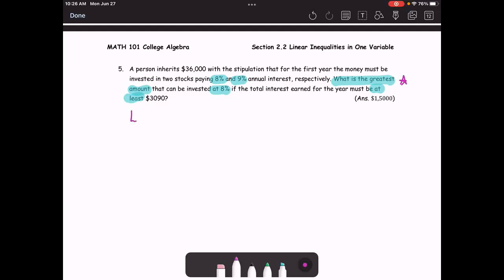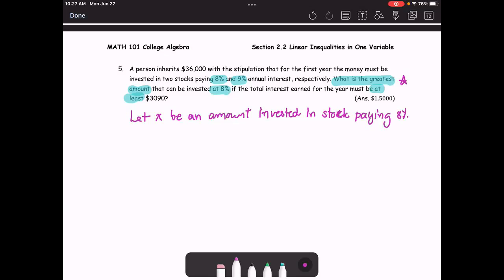So we're going to let x be an amount invested in stock paying 8%.